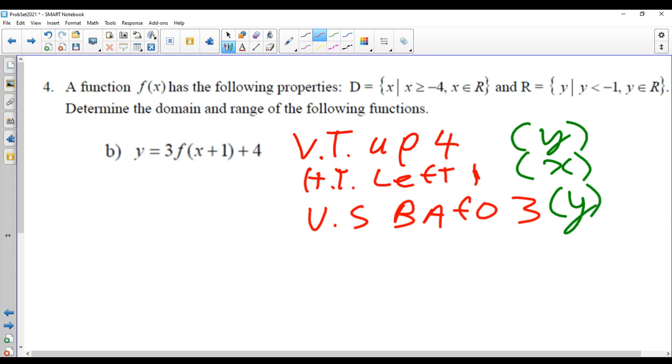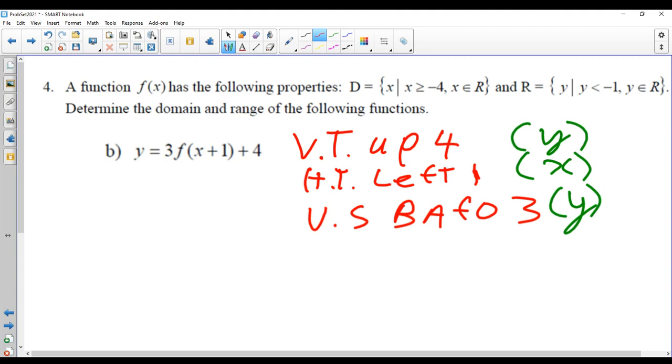Okay. Now, I need some help. Let's start with, I usually do domain first. So, Emily, I need your help. The domain used to be x is greater than or equal to minus 4. According to what we just heard from Manahill, she said only one thing affects the x, and that's the horizontal translation left by 1. So how do you think that's going to affect your domain? Because the domain is the x's, correct? What do you think I'm going to do with the original domain, which used to be x is greater than or equal to minus 4?